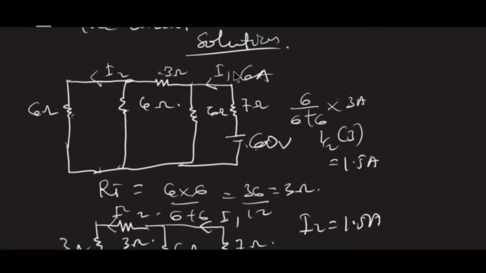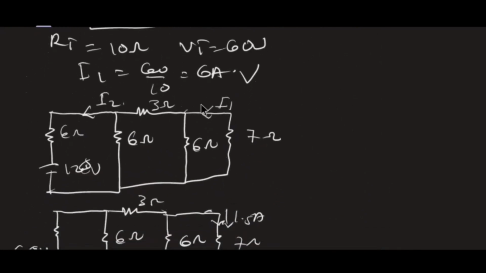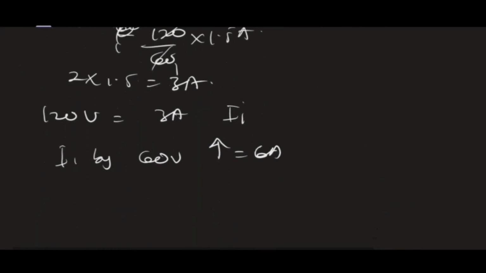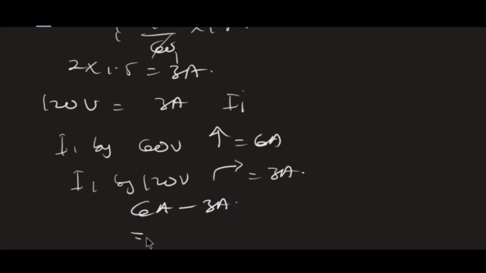Now the 120 is moving in this direction and is producing 3 amperes in that direction. So I1 by 120 volts moving in the opposite direction is 3 amperes. Hence you are going to get 6 amperes minus 3 amperes, and that is going to give us 3 amperes for I1.